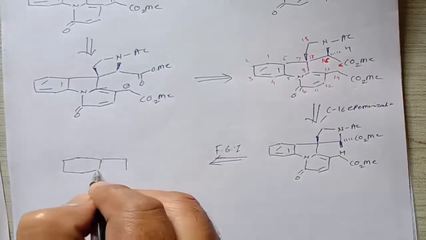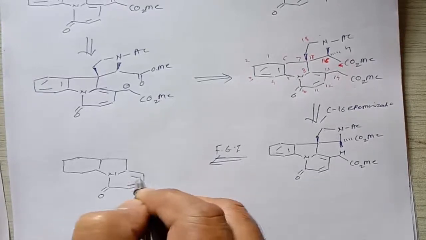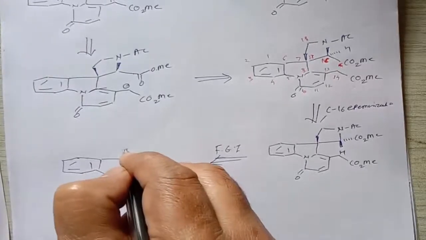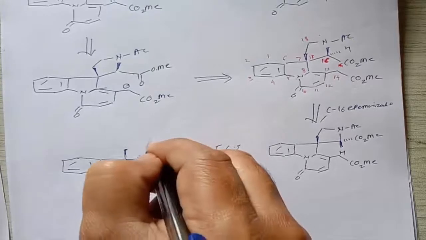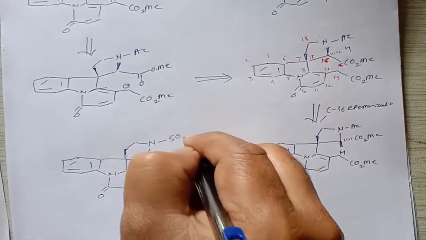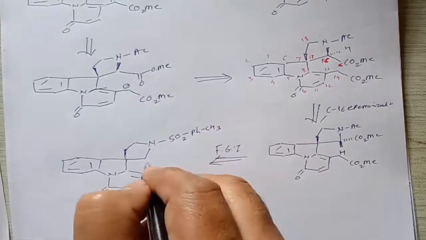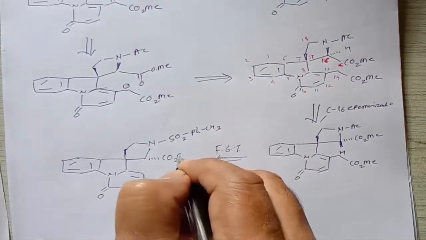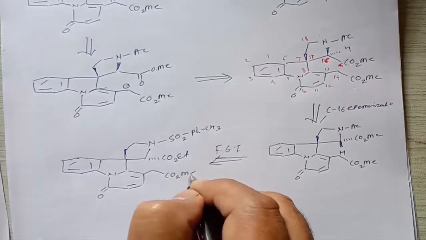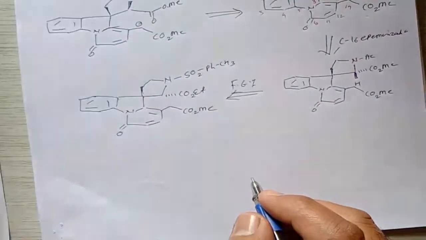So this is a 6-member ring, 5-member ring, this is a 6-member ring which contains a carbonyl double bond in this way, and after that this nitrogen is, so this is a 5-member ring, and here we are introducing this SO2Ar group, right? And then this CO2Me will be replaced by CO2Et, and this CO2Me is the same, right? So this is another type of functional group interconversion.